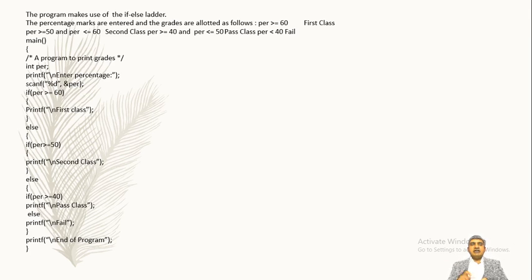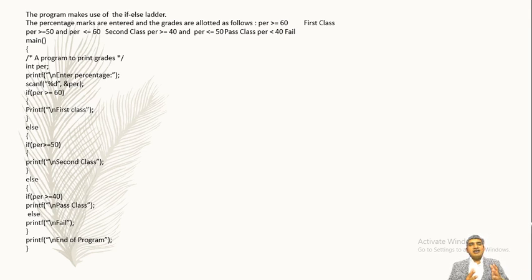Percentage greater than or equal to 50 and less than 60, it is second class. Percentage greater than or equal to 40 and less than 50, it is pass class. And percentage less than 40, it is a fail.